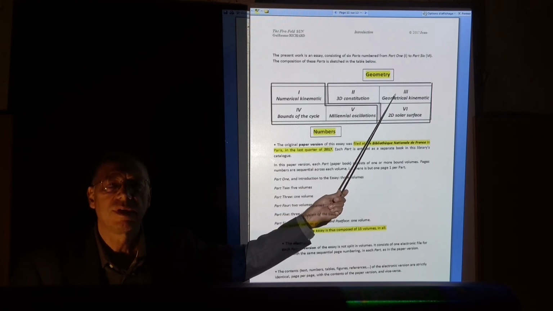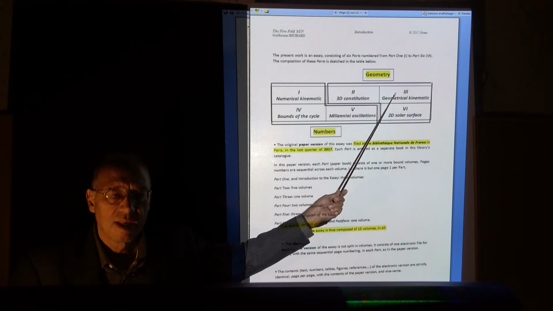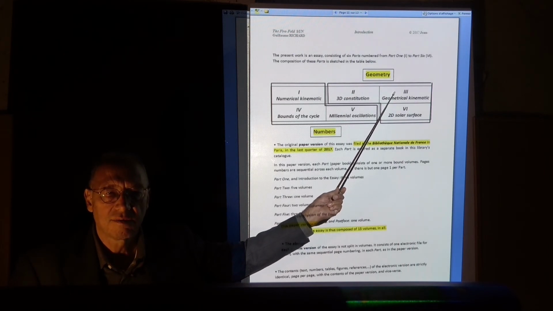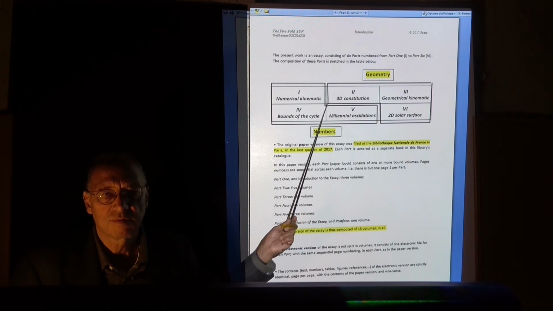In part 3, we deal with the changes in the interior of the solar ball across the solar cycle, but this is really a small attempt which did not bring much fruit.